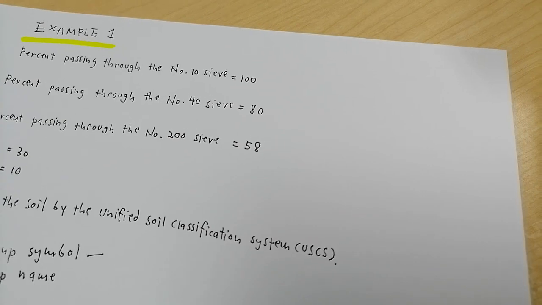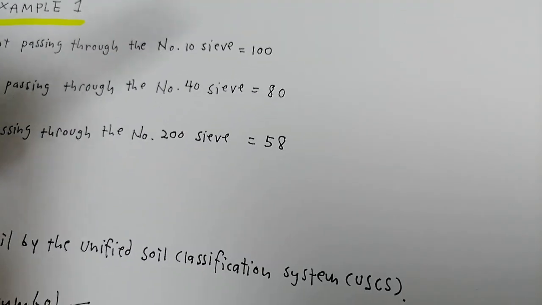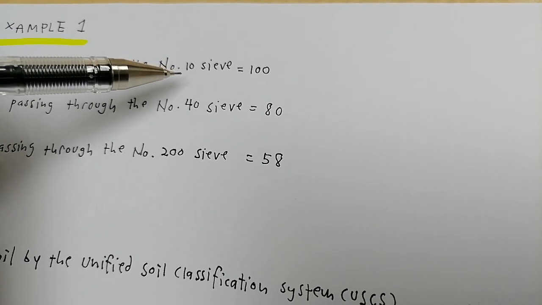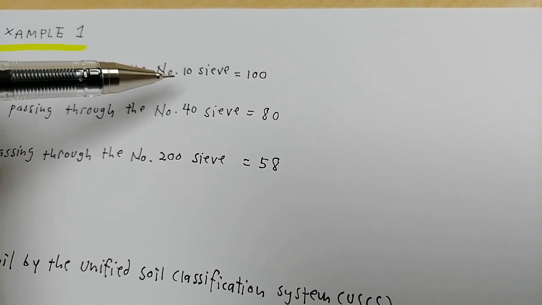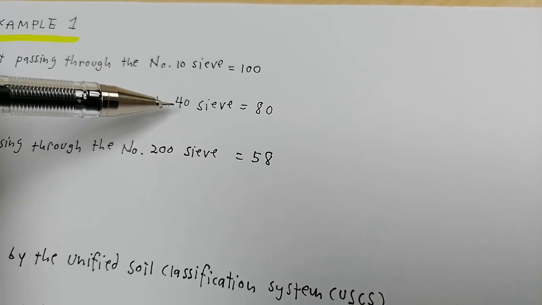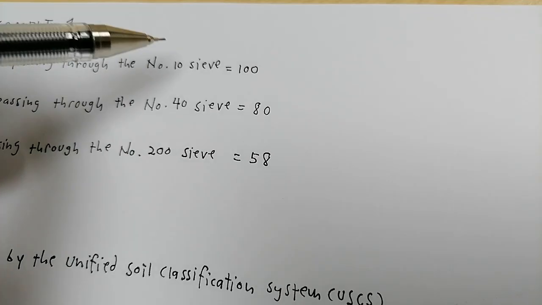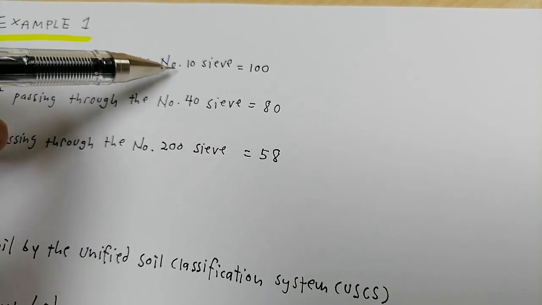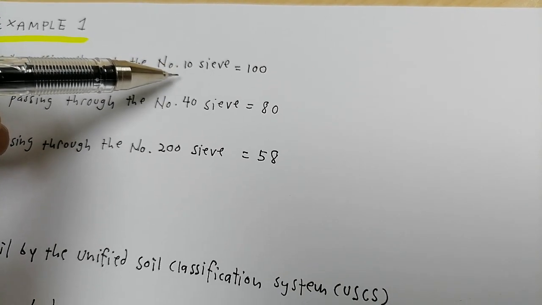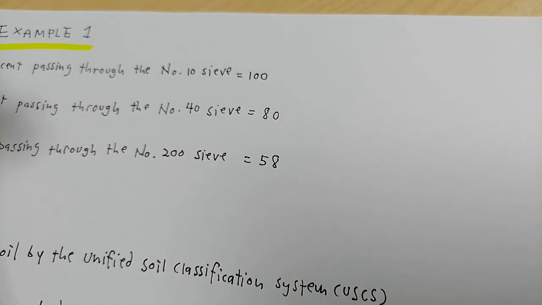But before we go to that table, I would like to explain a bit on this. Okay, so number 10 sieve. Number 10 sieve ni dia punya bukaan dia lebih besar daripada number 40 sieve and number 200 sieve, which means when the sieve number is small, the opening of the sieve is big.